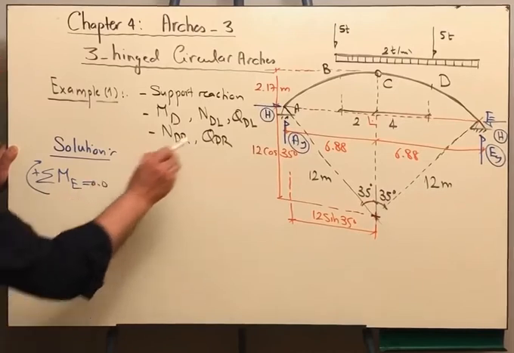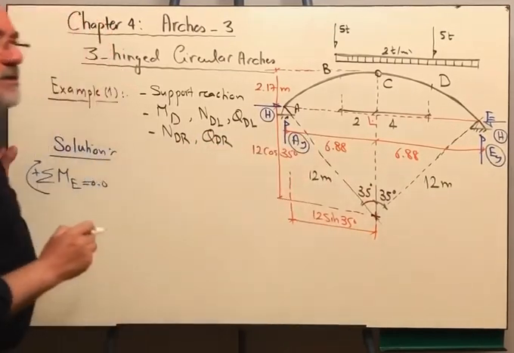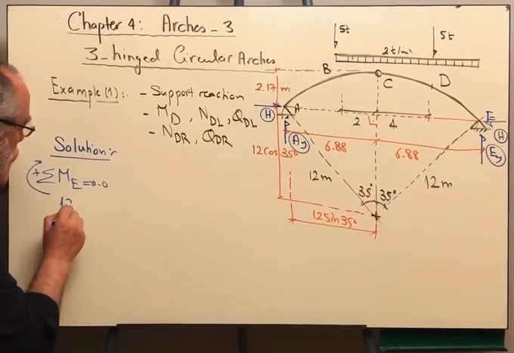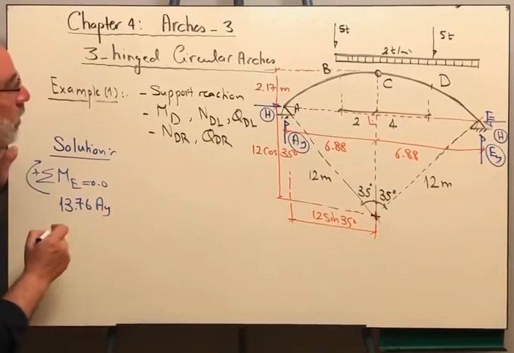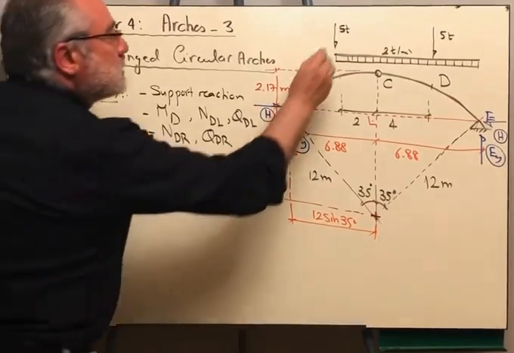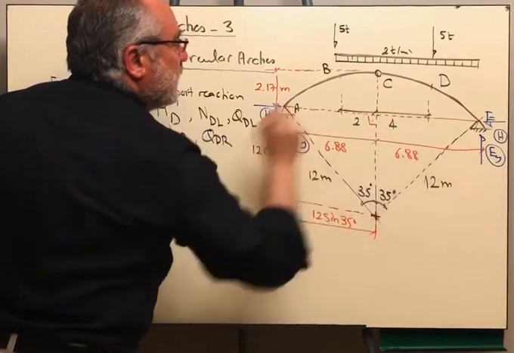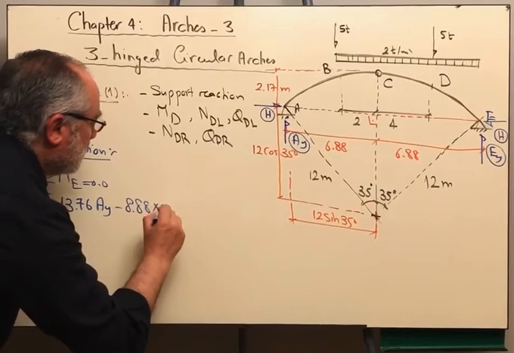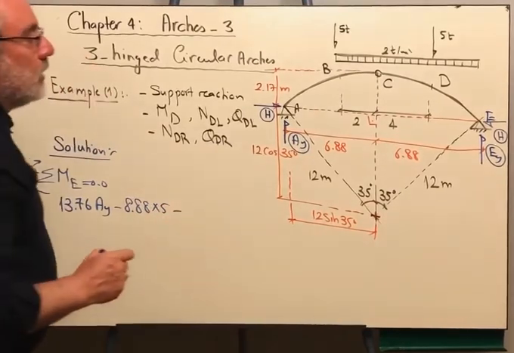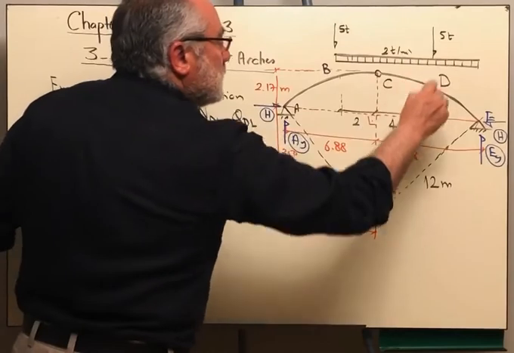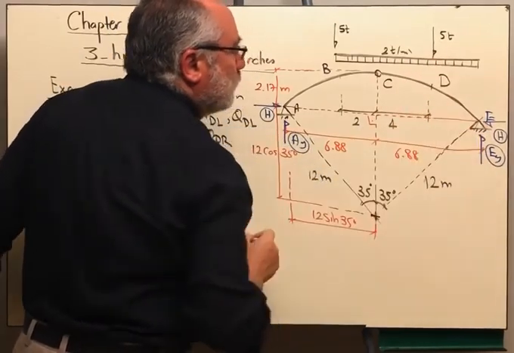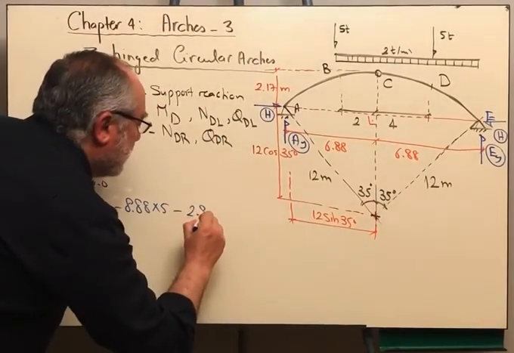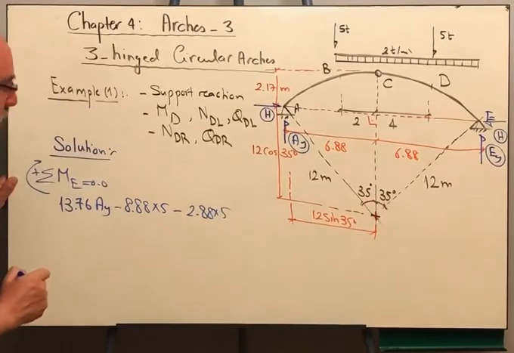Then we are having 6.88 plus 6.88 will be 13.76 AY, minus the distance between the 5 and point E will be 8.88 multiplied by 5, minus the distance here between this load and point E will be 6.88 minus 4, which is 2.88 multiplied by 5.